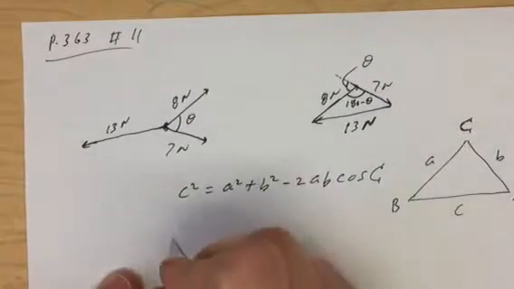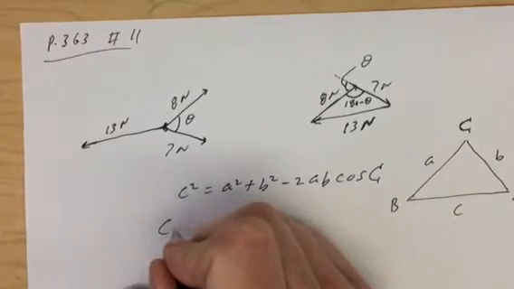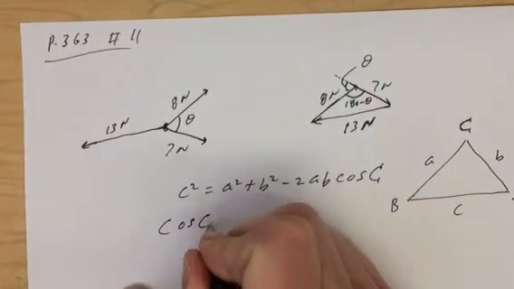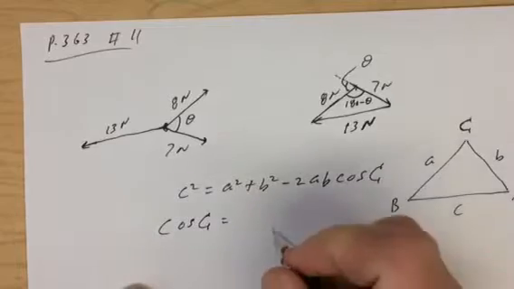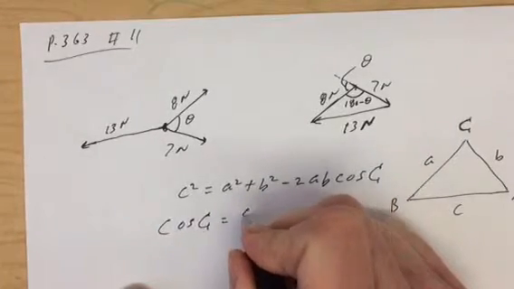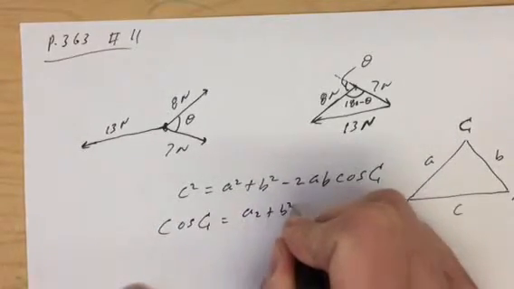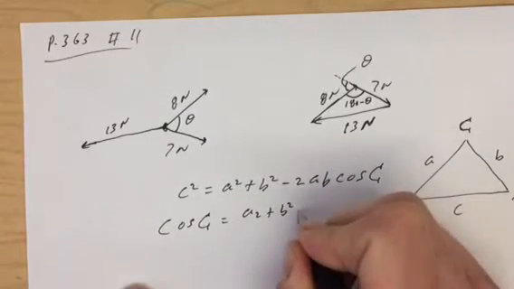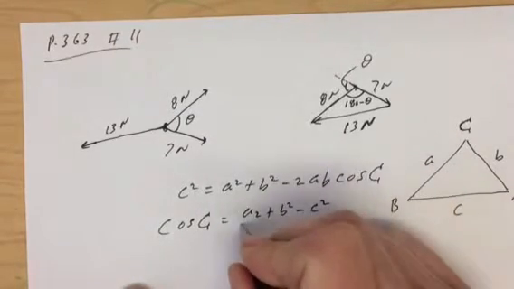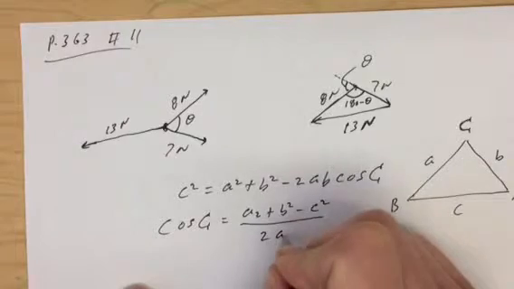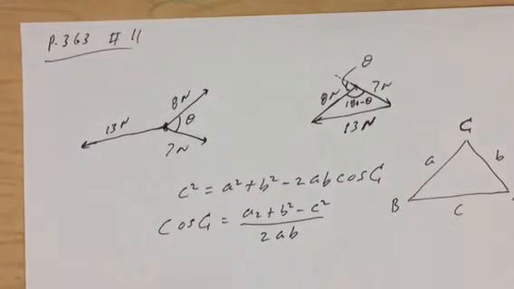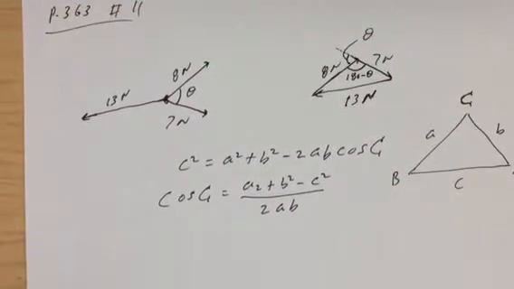Or if you're looking for the angle, then you'd rewrite this as cos angle C equals A squared plus B squared minus C squared all over 2AB. And we're going to use that second one.